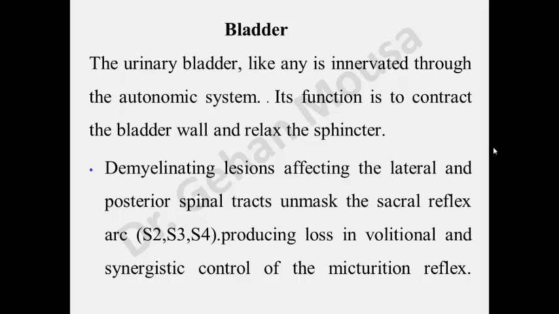Demyelination that occurs post MS affection may affect lateral and posterior spinal tracts, which disturbs the sacral reflexes that supply the bladder, mainly S2, S3, S4, resulting in loss of voluntary control of micturition.